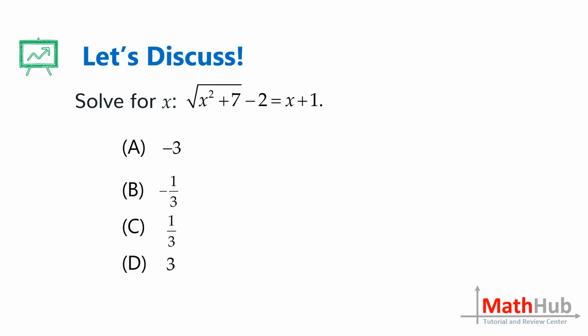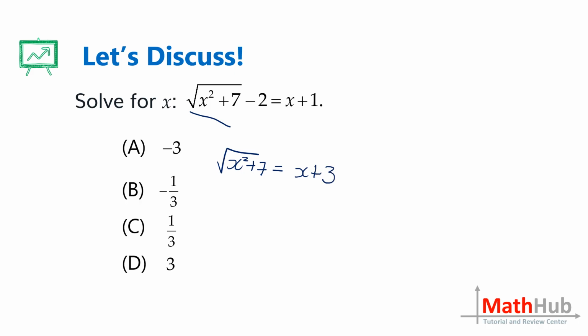Let's look at this example. We have square root of x squared plus 7 minus 2 equals x plus 1. Let us isolate this term over here. Square root of x squared plus 7 equals x plus 1 plus 2, which is x plus 3.